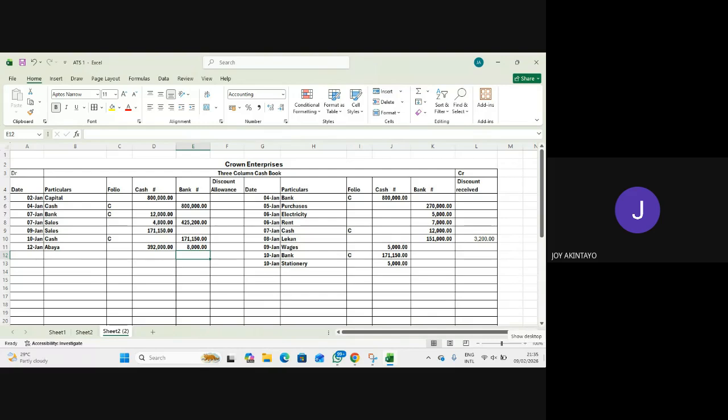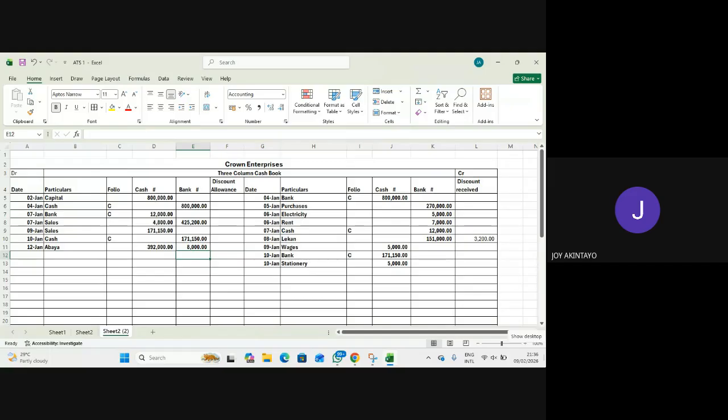So that's the gross amount. We need to determine two things. How much did we receive as our discount? Then how much are we paying to Audi?